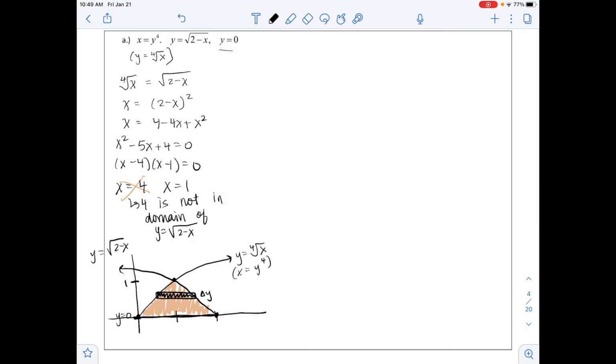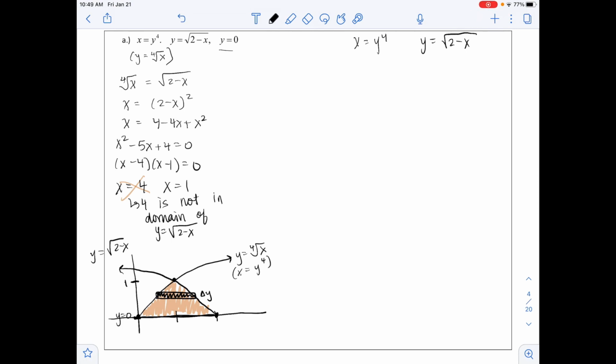Since we are integrating with respect to y, I need to make sure that both of my functions are written in terms of y. So I have the first function that we were given is x equals y to the fourth, which is perfect. But that second function that we have, the square root of 2 minus x is equal to y, is in terms of x, and I need it to be in terms of y.